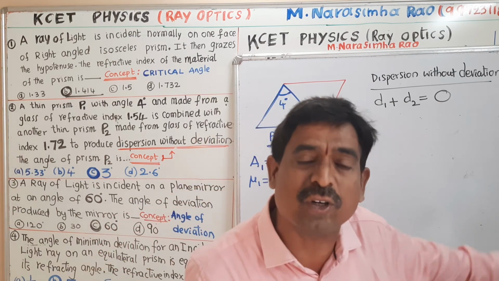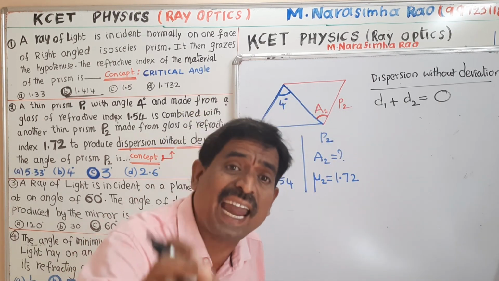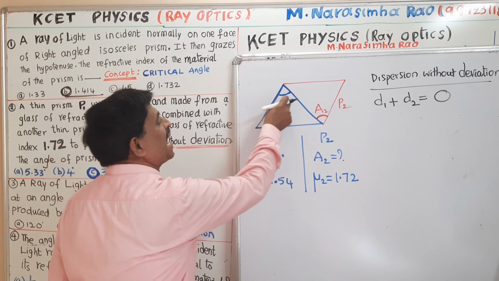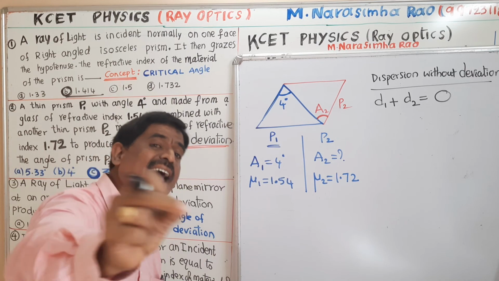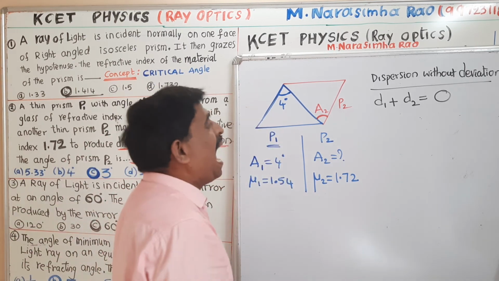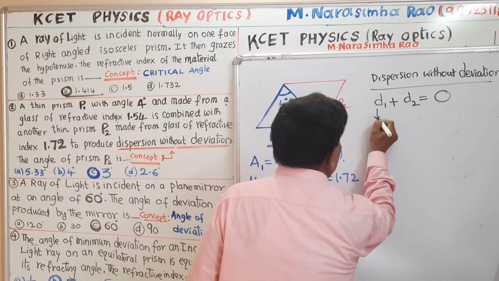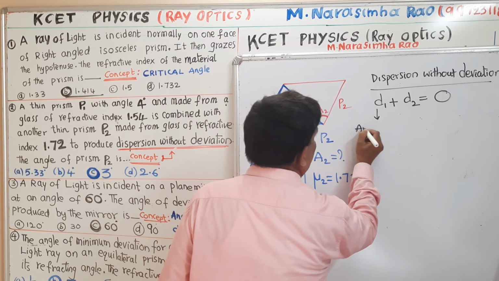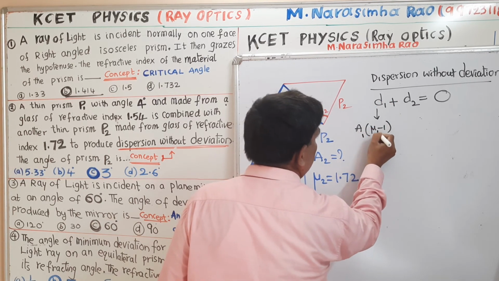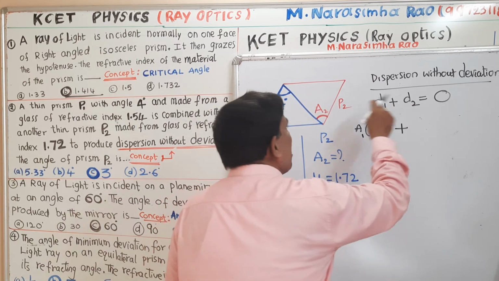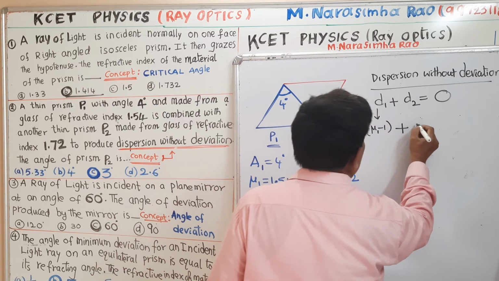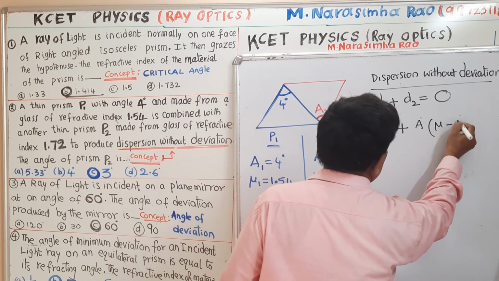They told without deviation. In the case of a thin prism, whose refracting angle is less than 10 degrees, the angle of deviation D is equal to A into mu minus 1. First prism: A1 times mu1 minus 1, plus the angle of deviation produced by the second prism, A2 times mu2 minus 1.